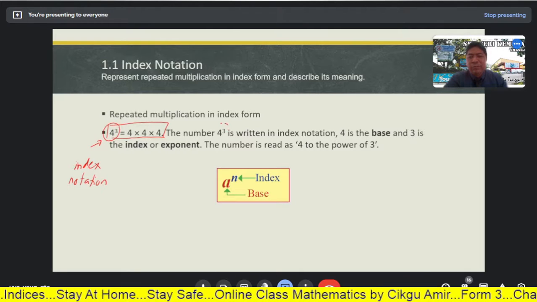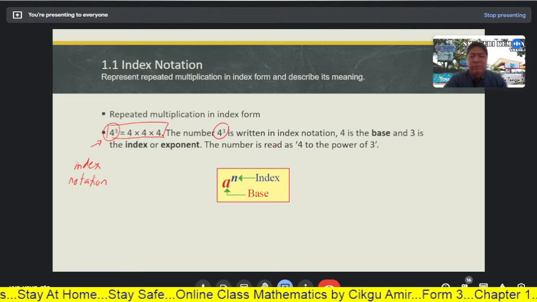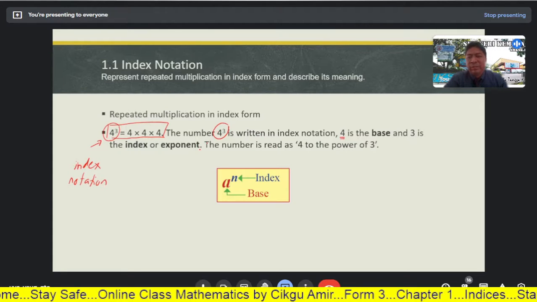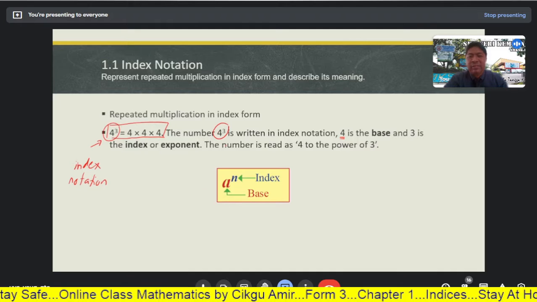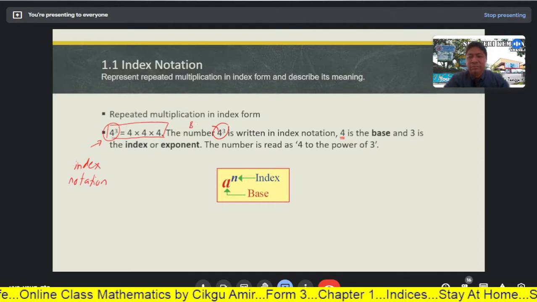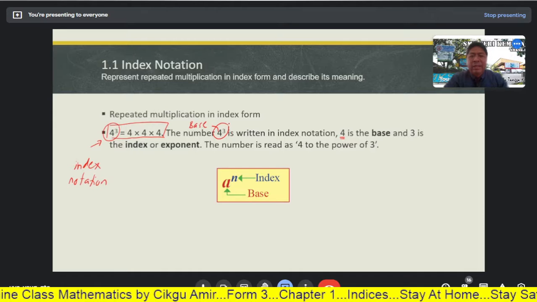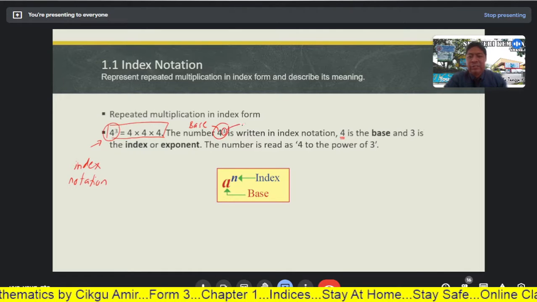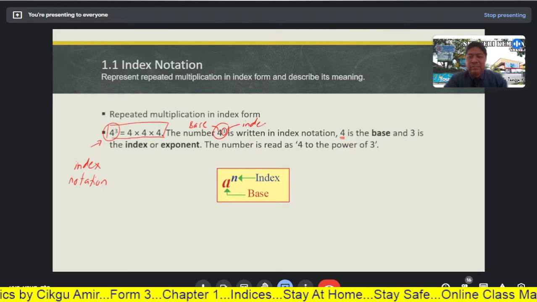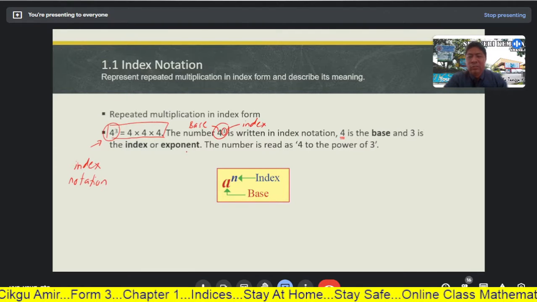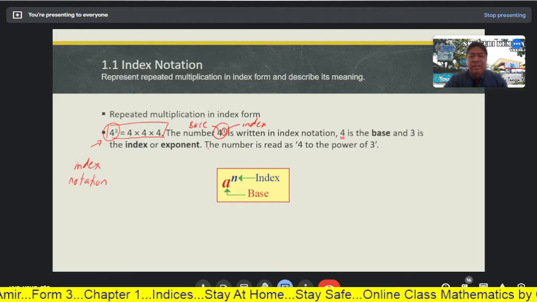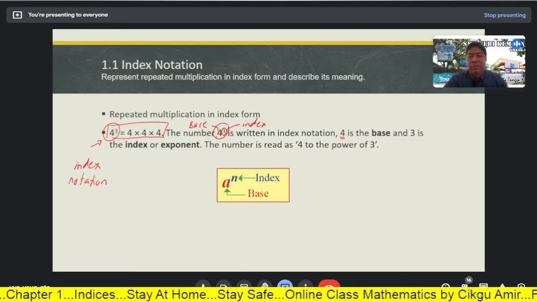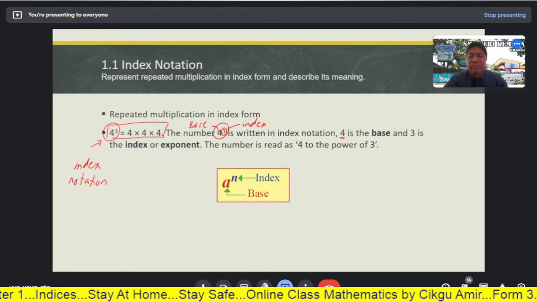For 4 to the power of 3, 4 is the base. We call this the base. And 3, the power here, is called the index or exponent. This is read as 4 to the power of 3.